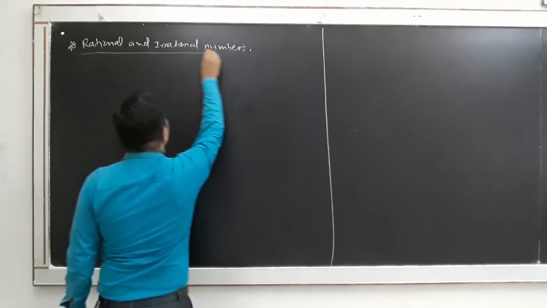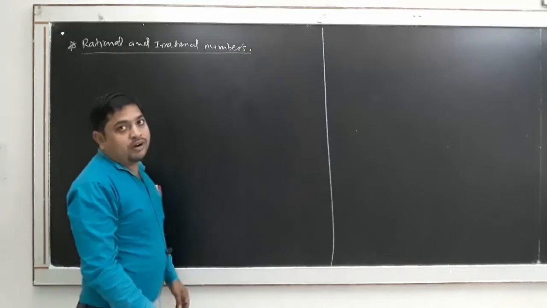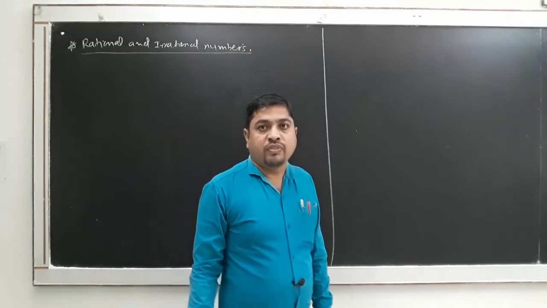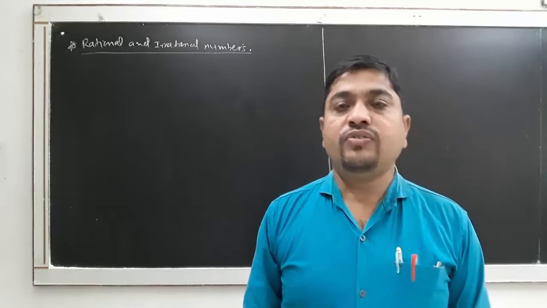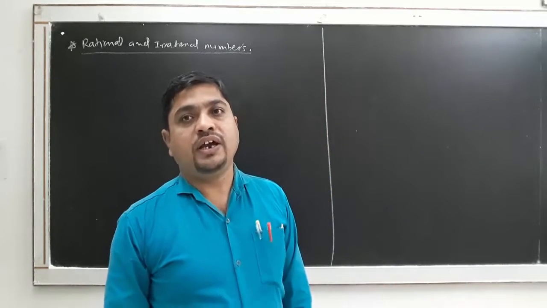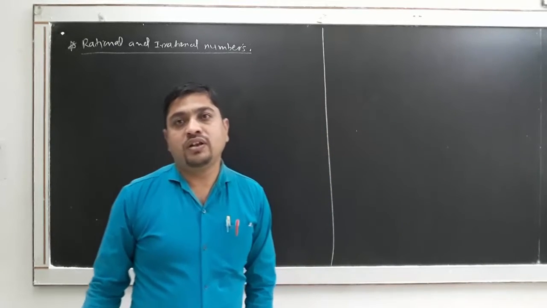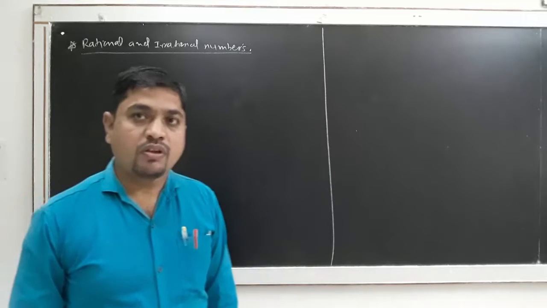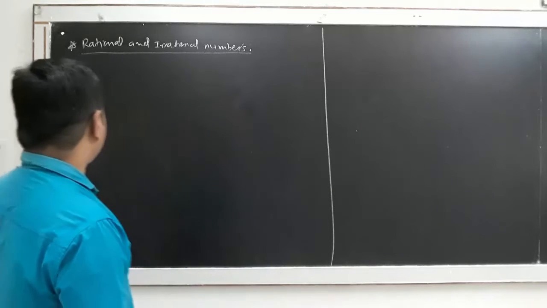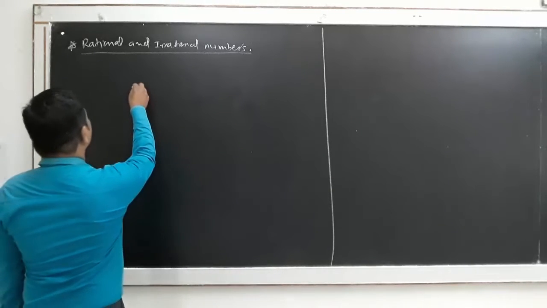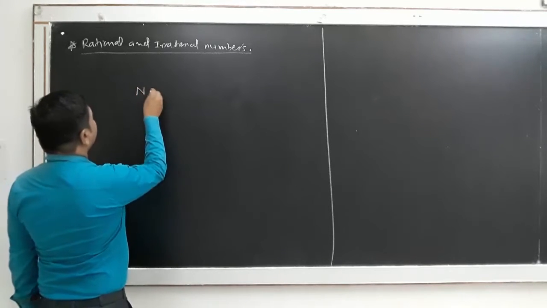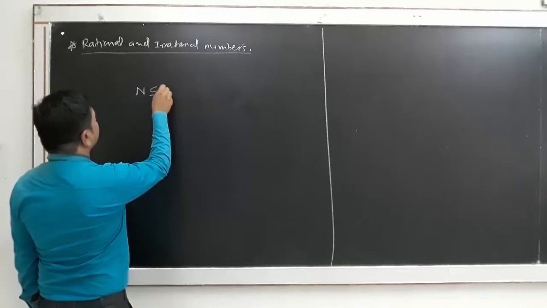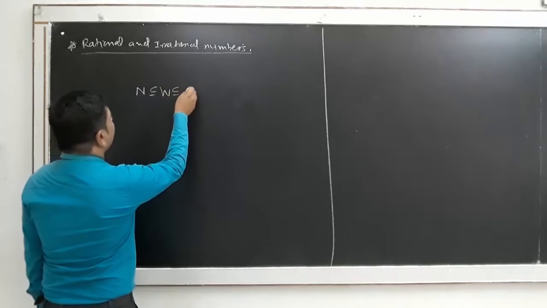Okay, already you know rational and irrational numbers. So just we take a revision and we will go for some problems. So first, what we know: N is a subset of what? W is a subset of what?